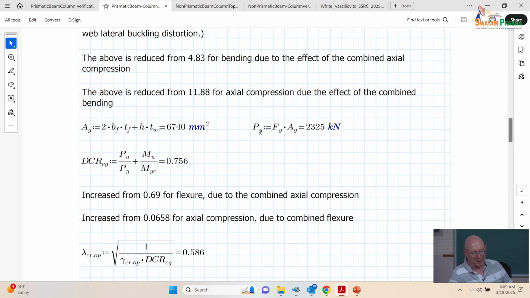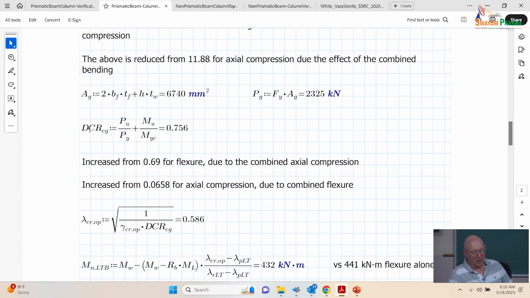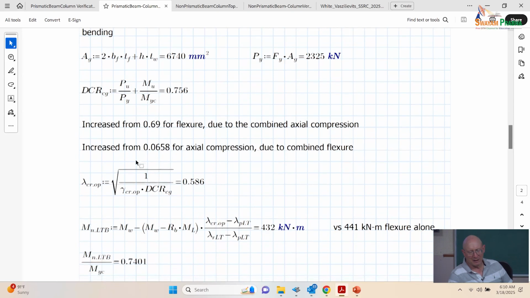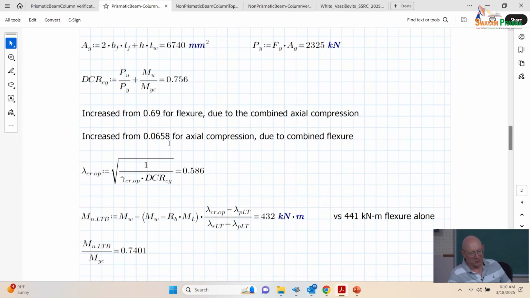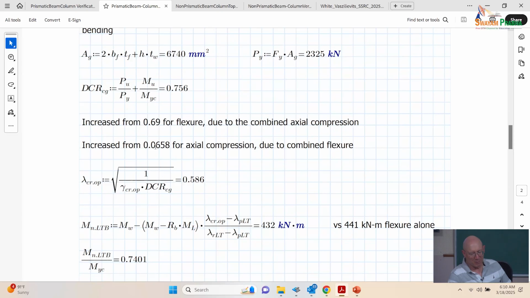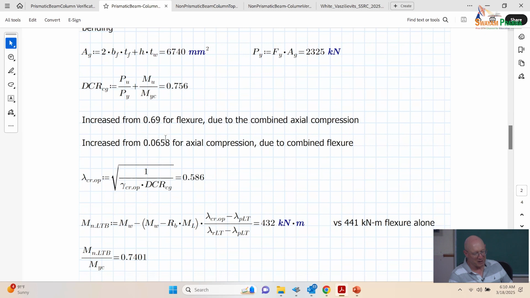I need to calculate a yield axial load. Py is Fy times the gross area. Okay, so we're going to get a gross cross-section demand to capacity ratio. Basically, this is a yield equation, right? This is increased from 0.69 for flexure because we've added axial compression. It's increased from 0.0658 for axial compression due to the fact we've also got bending.